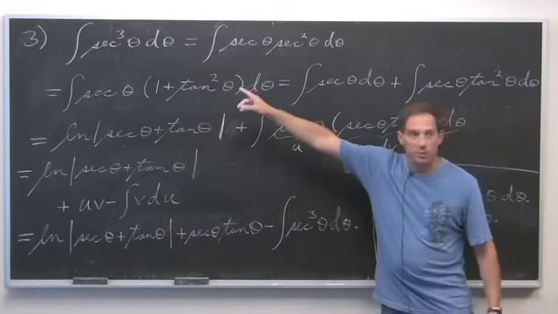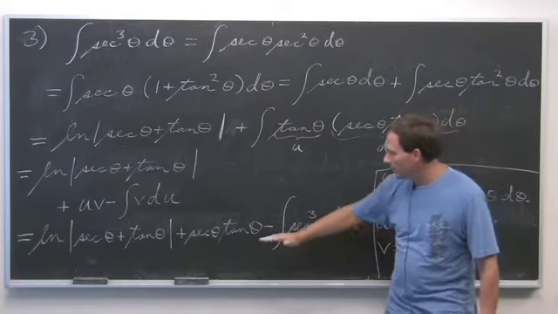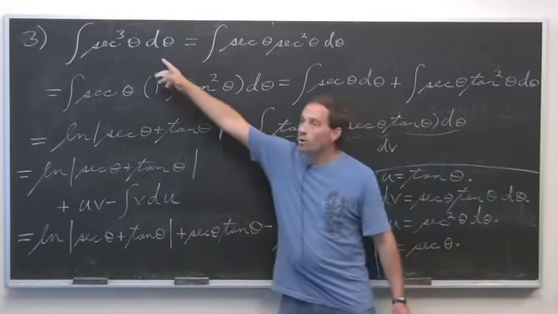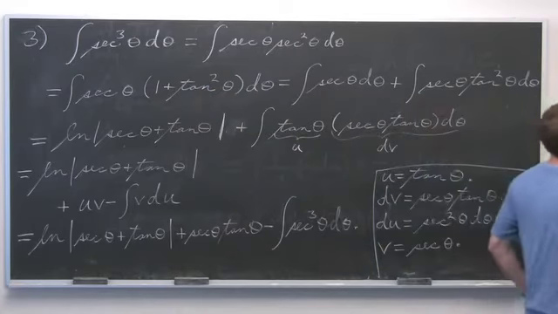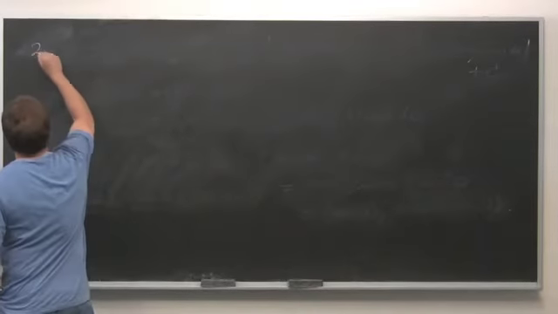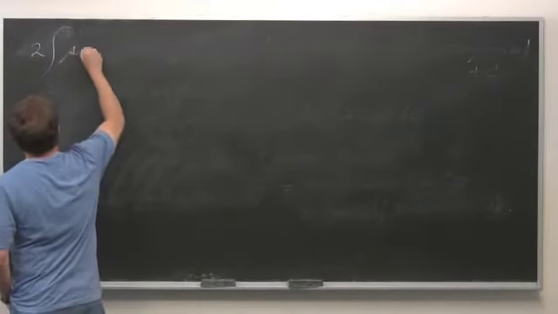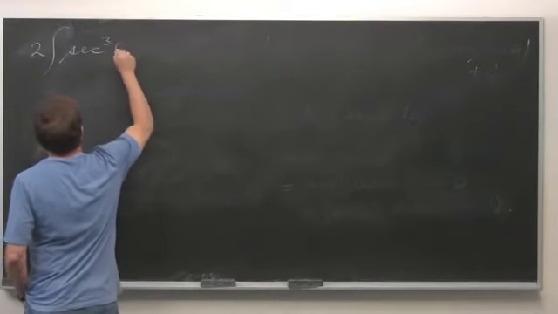So if you add this part to both sides, by both sides I mean here's one side and here's where we started. Add the integral of secant cubed theta d theta each place, and you get 2 times the integral of secant cubed theta d theta.